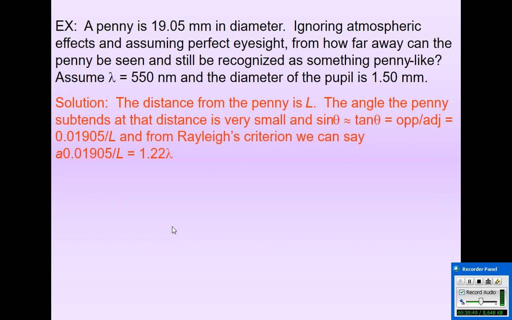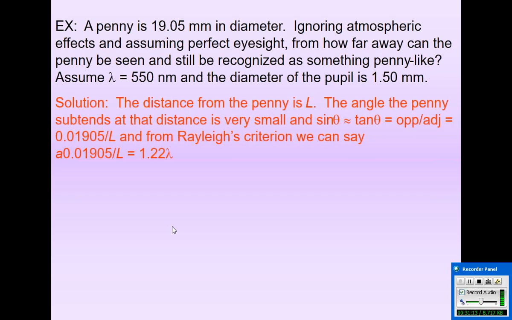How do we solve this? If I want to be able to say, oh yeah, that's a penny, I have to be able to distinguish the left side from the right side. So I'm going to treat the left side of the penny as one object, and I'm going to treat the right side of the penny as the other object. And I'm going to ask for the angular separation between the left side and the right side.